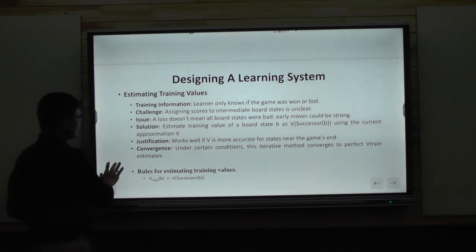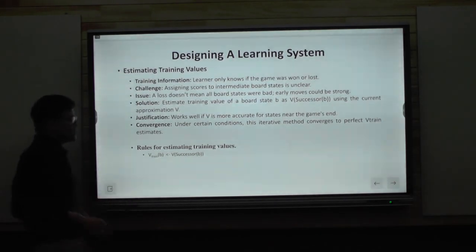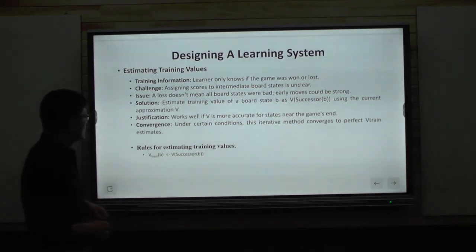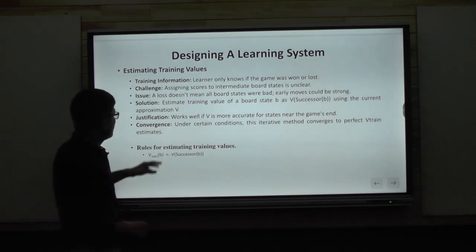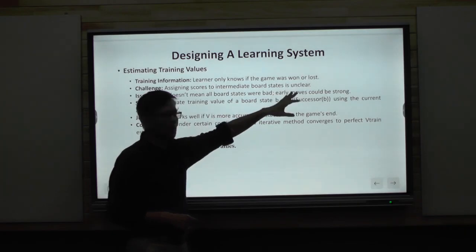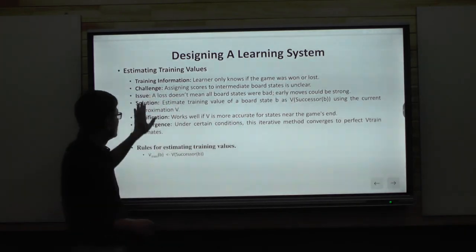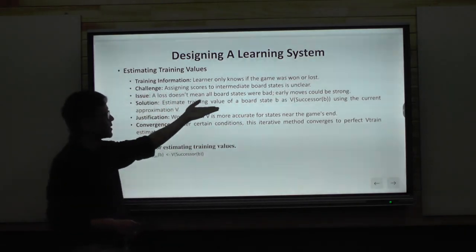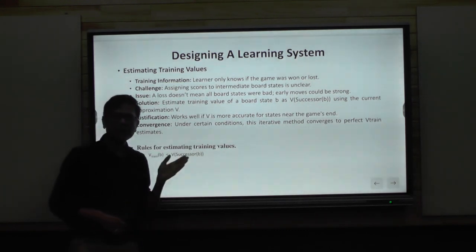Now we have to estimate the training values. The learner only knows if the game was won or lost. The challenge is that assigning a score to an intermediate board state is unclear.